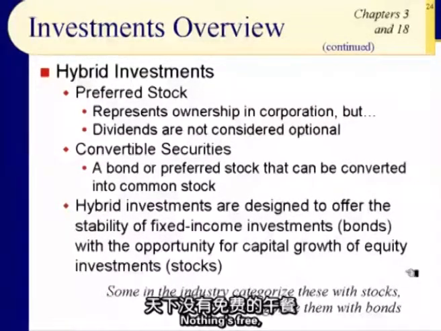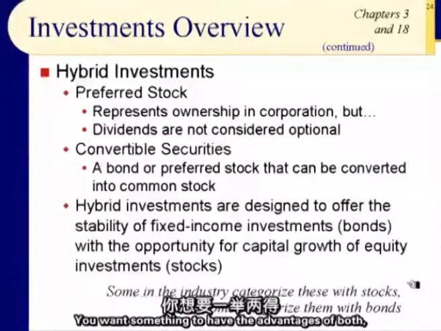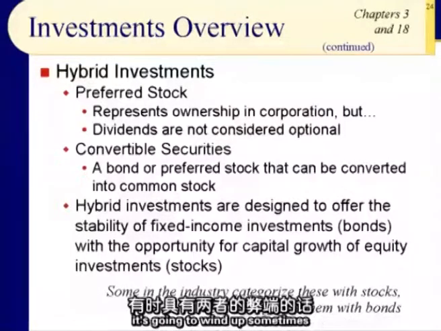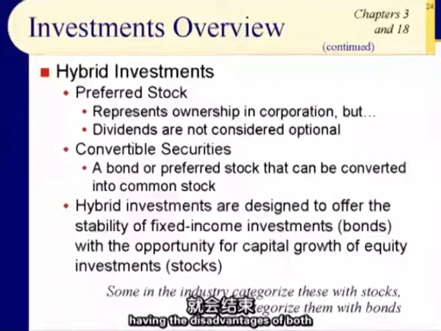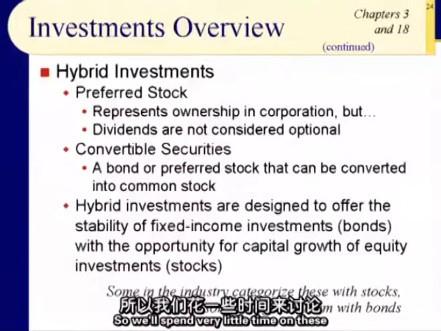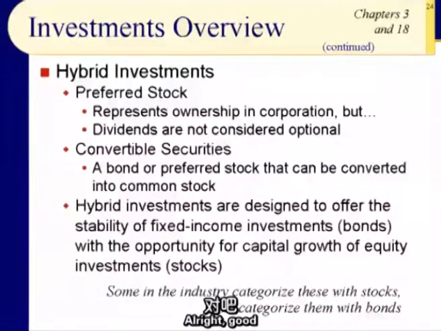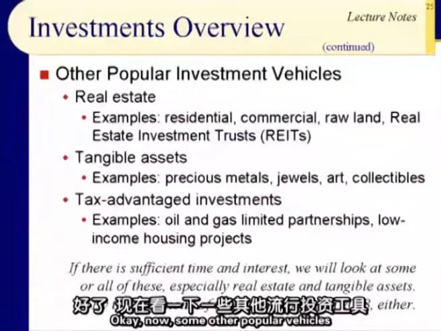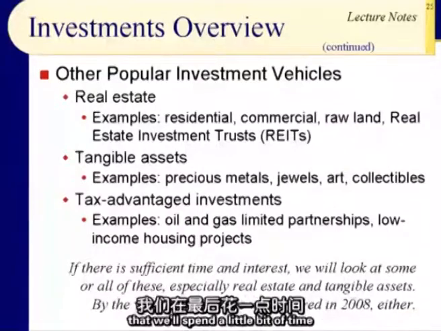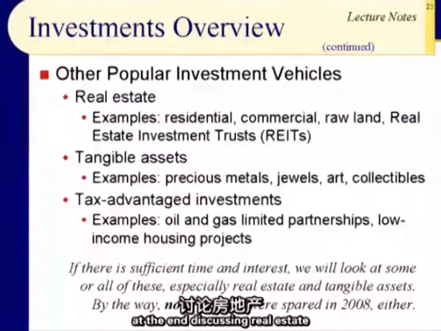You know, nothing's free, nothing's easy. You want something to have the advantages of both, it's going to wind up sometimes having the disadvantages of both. So we'll spend very little time on these. But all you have to know for now is what you see here. All right, good.